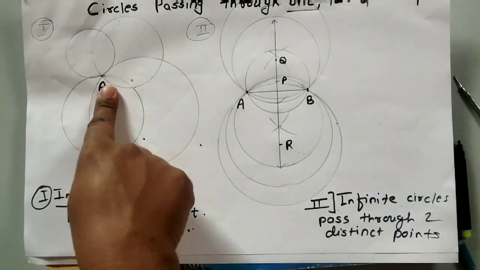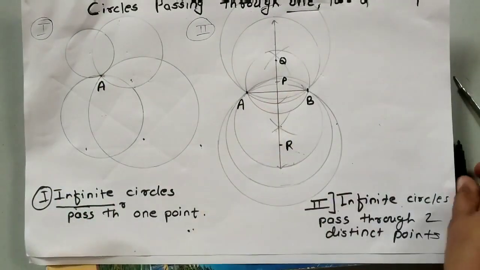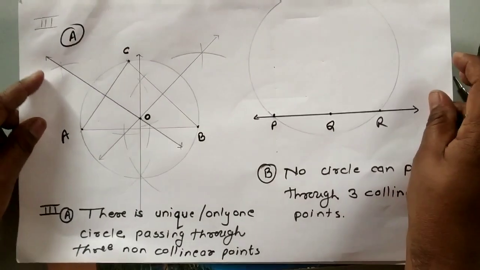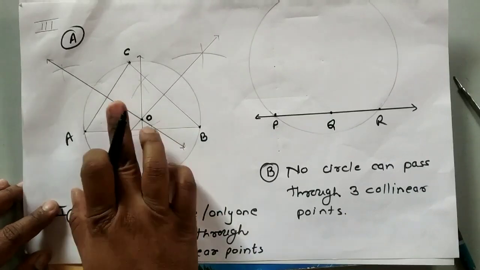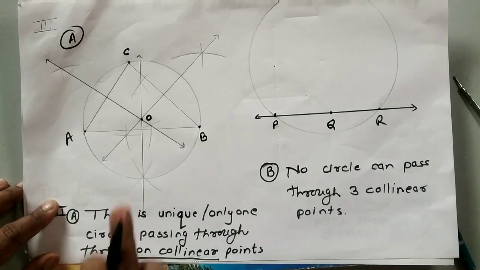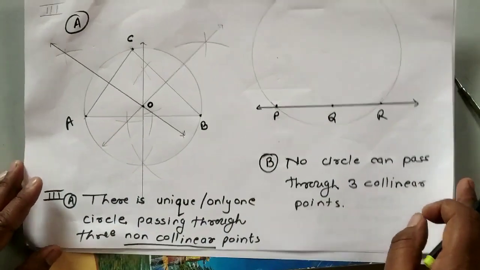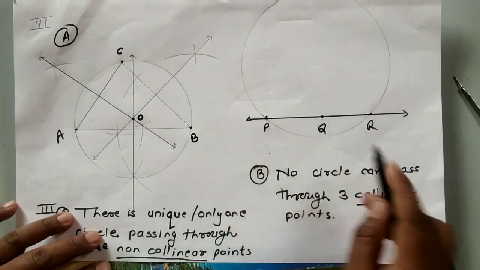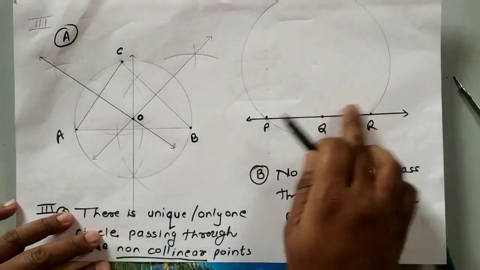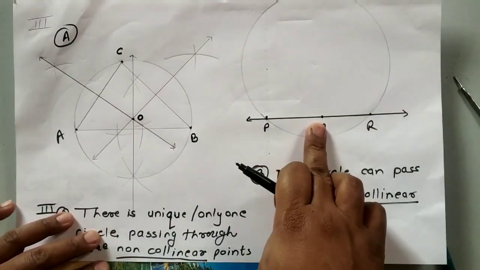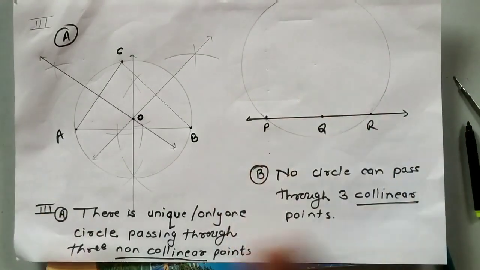Through 1 point, infinite circles; through 2 points, also infinite circles can pass. If you are taking 3 points, it is very important that the points are non-collinear; only then can we pass a circle through them. If the points are collinear, meaning they are on one line, we cannot pass the circle, because only 2 points come on the circle, but the third cannot. So that is our conclusion.